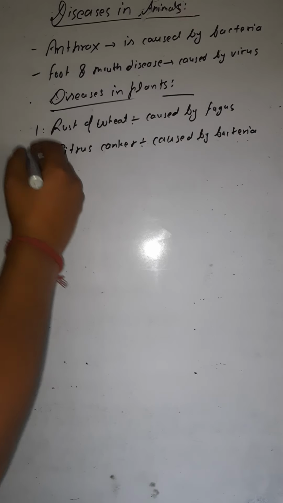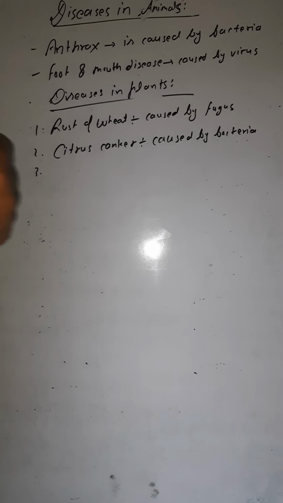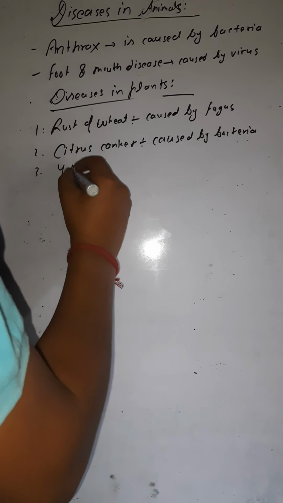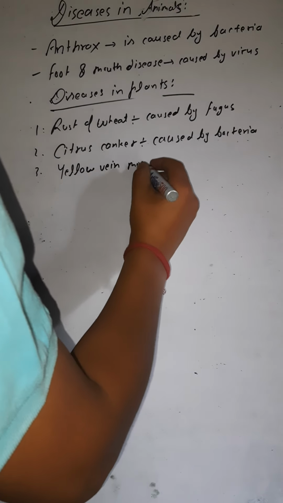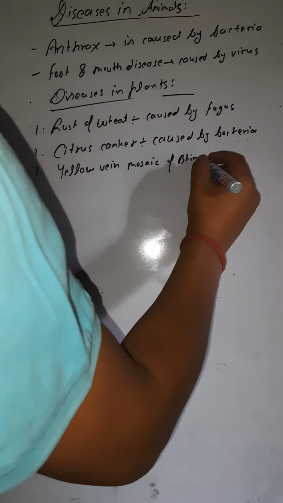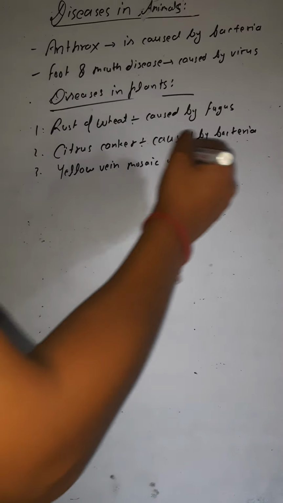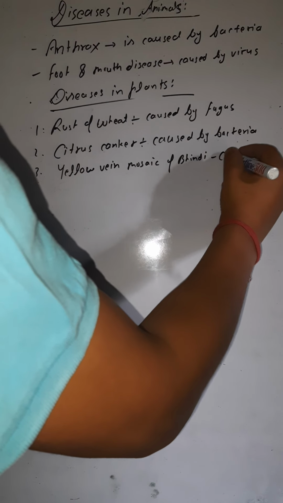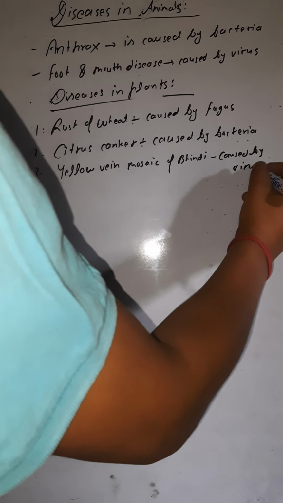Then one more disease is commonly found in bhindi, also known as okra, and that is yellow vein mosaic. Yellow vein mosaic of bhindi is caused by a virus, so it's a viral disease.